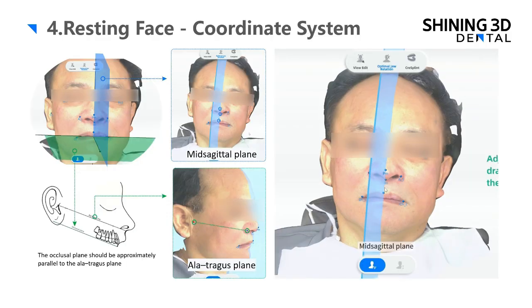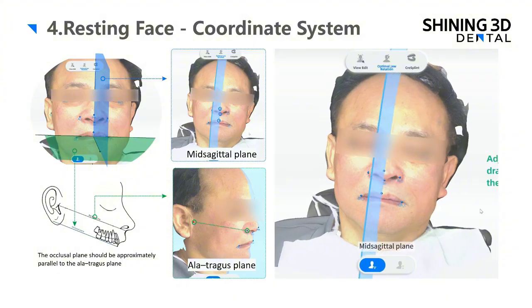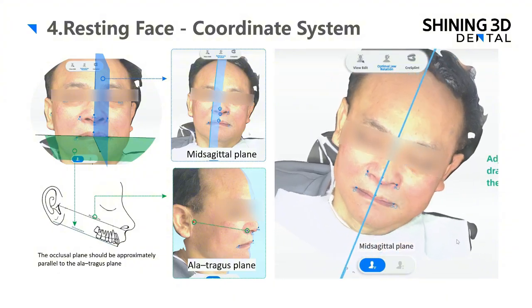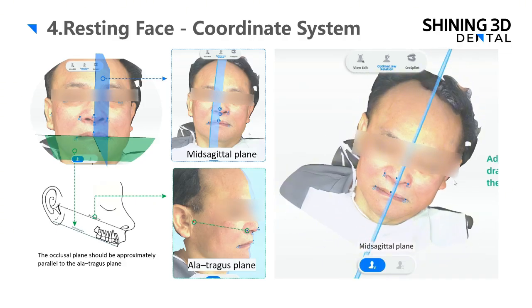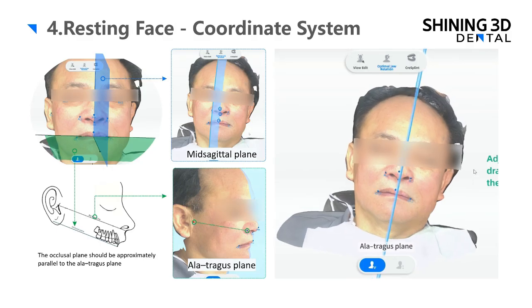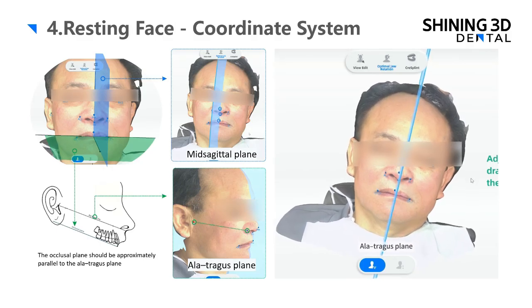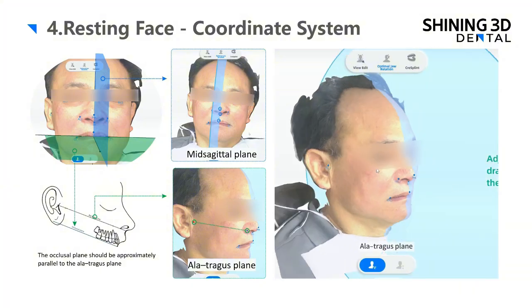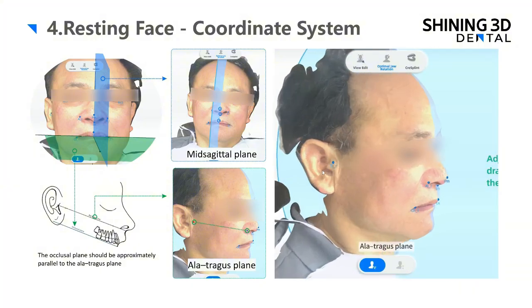Once we finish scanning the resting face, we need to set the coordinate system, and there are two important planes that we need to adjust. That is the mesoastral plane and the tragus plane. Once these two planes are adjusted, the occlusal plane should be approximately parallel to the tragus plane. That's why we are setting these two planes. Once they are set, we can go on with the following steps.